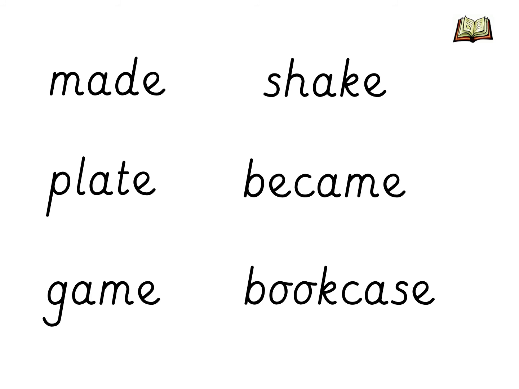Now pause the video, have a go at reading them all, and then click play. The first word is made, the next is plate, then game, shake, became, and bookcase.